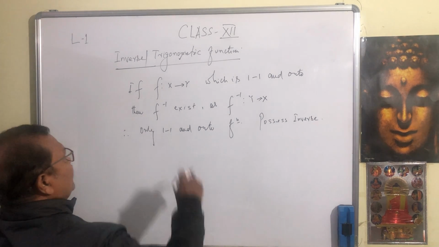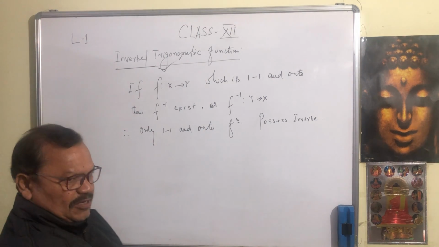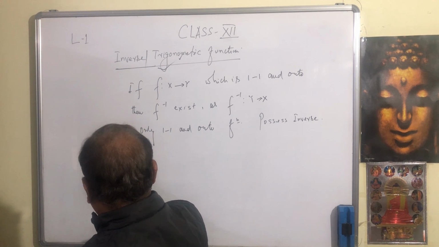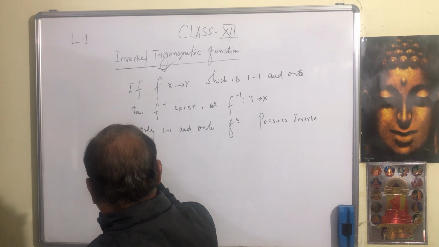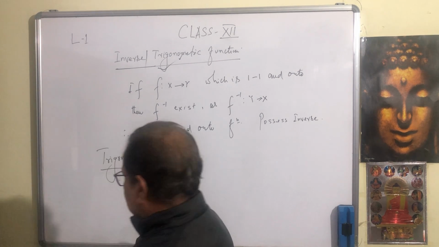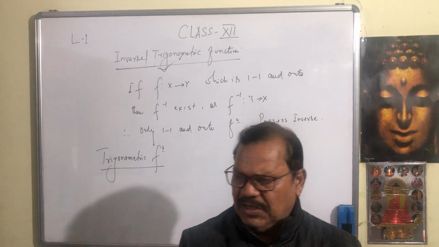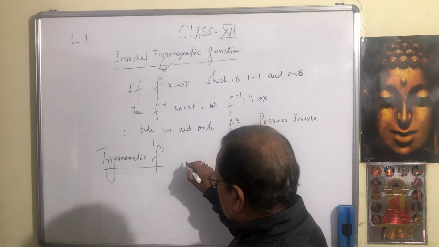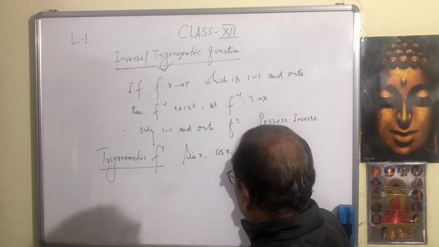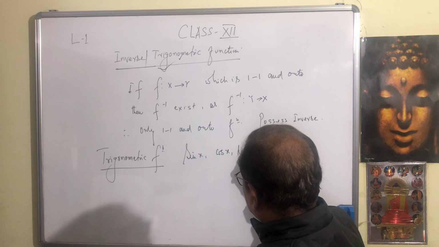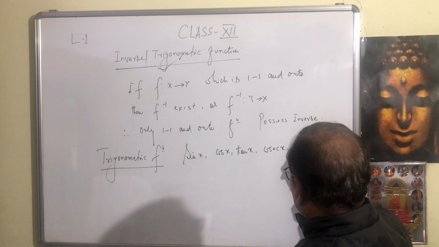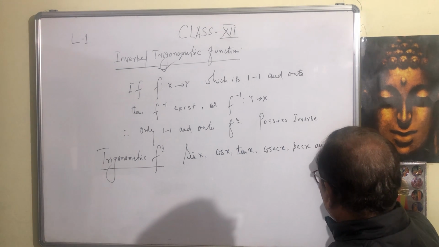Now let us see, next is trigonometry. Let us see the trigonometric function. There are 6 trigonometric ratios known as functions. They are sin x, cos x, tan x, cosec x, sec x, and cot x.